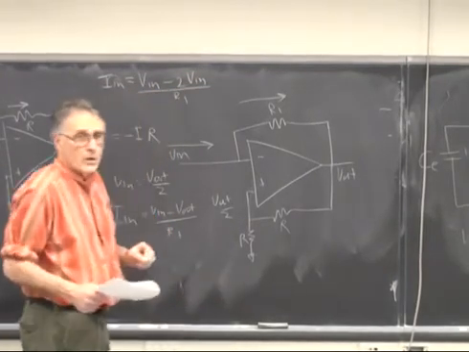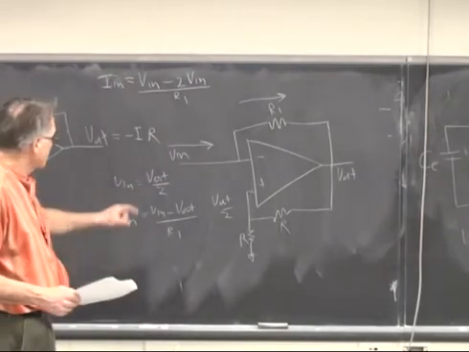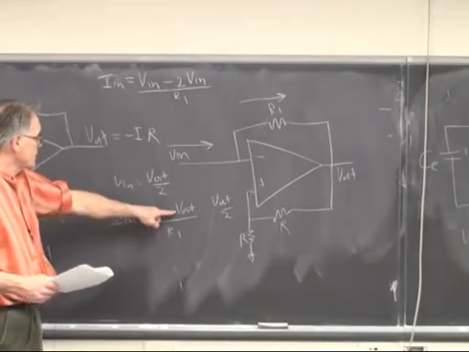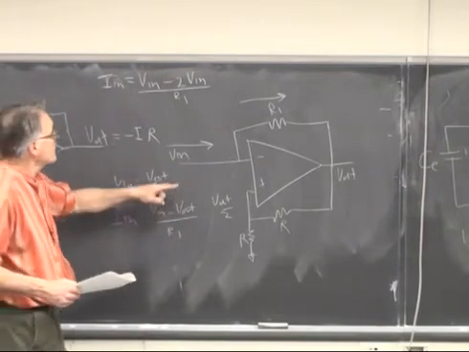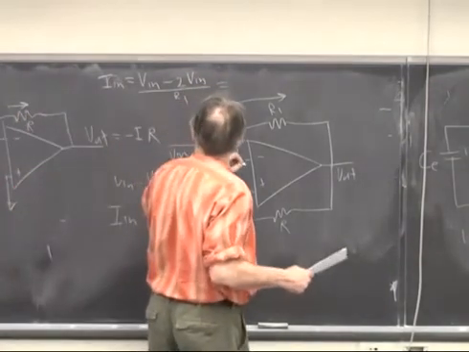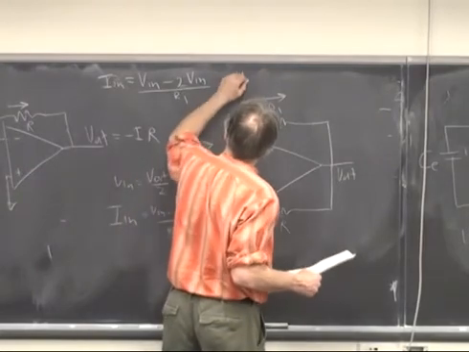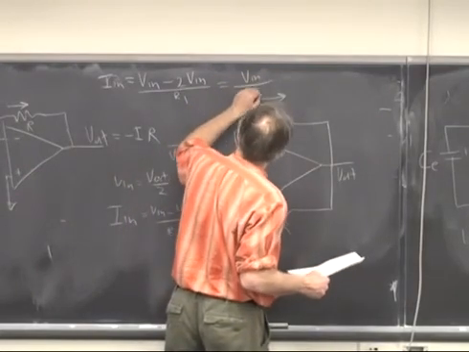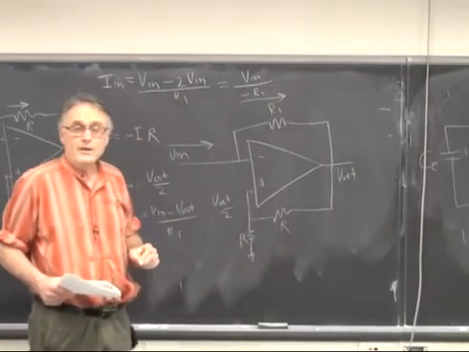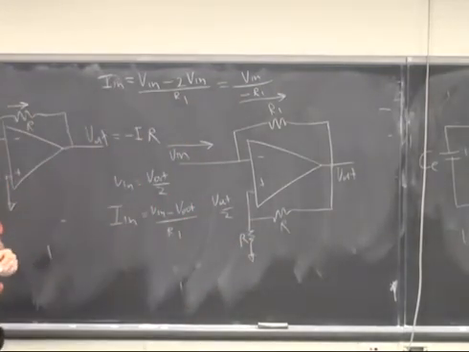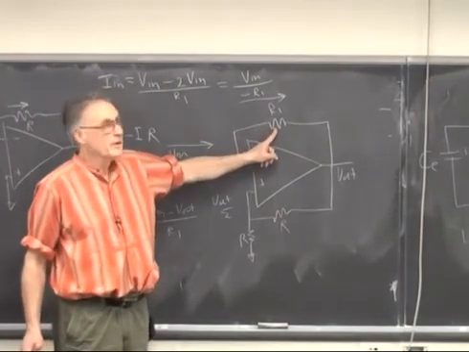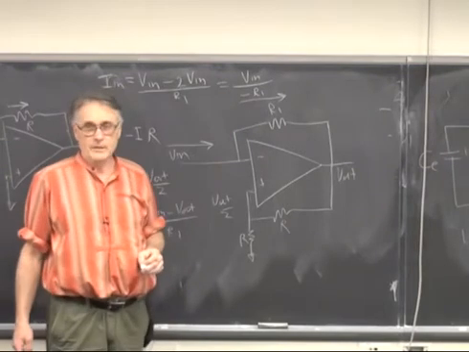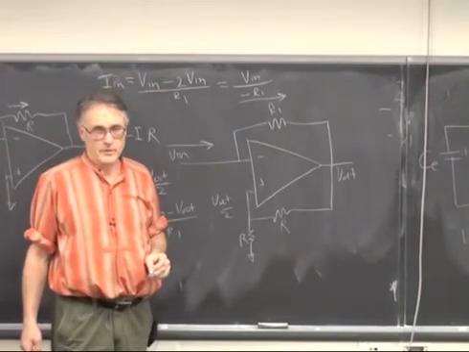All right? Using this relationship, substituting V in for V out here, which means that we have that I in is equal to V in over minus R1. It looks like a negative resistor. In fact, whatever impedance you put here, this becomes a negative impedance converter.